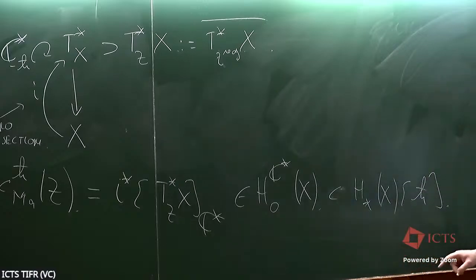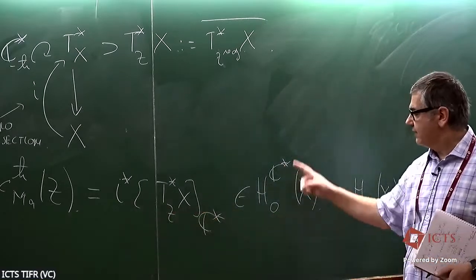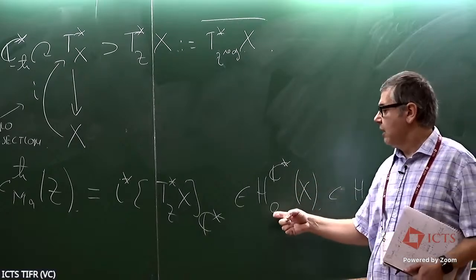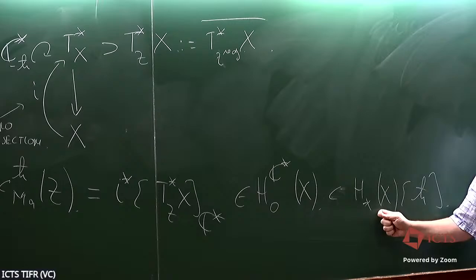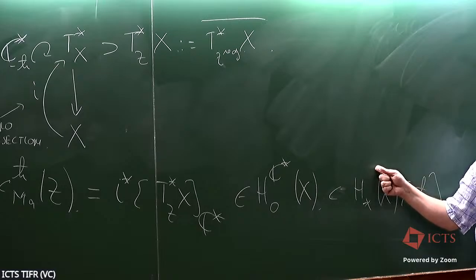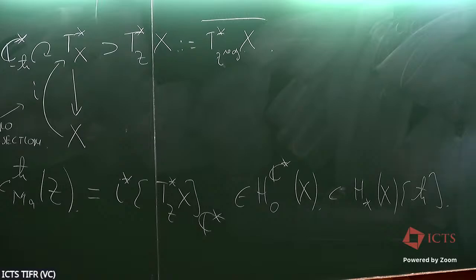Okay, so essentially, if you want to think of what it means to be a class in the C star equivariant homology in degree 0, it's the same thing as giving me a non-homogeneous class in X, which you homogenize with the character h. For example, if I have a class in homological degree 2, I'm gonna add an h squared to it so that it lives in the end in degree 0.